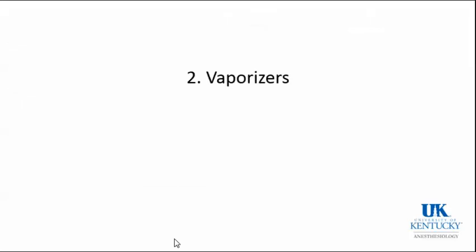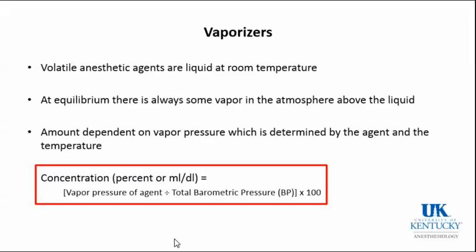Any questions about that? All right, the next topic is a minor one. It's called vaporizers. The concept, of course, for all of the vaporizers is that volatile agents are liquid at room temperature. And at equilibrium, there is always some vapor sitting above the liquid.